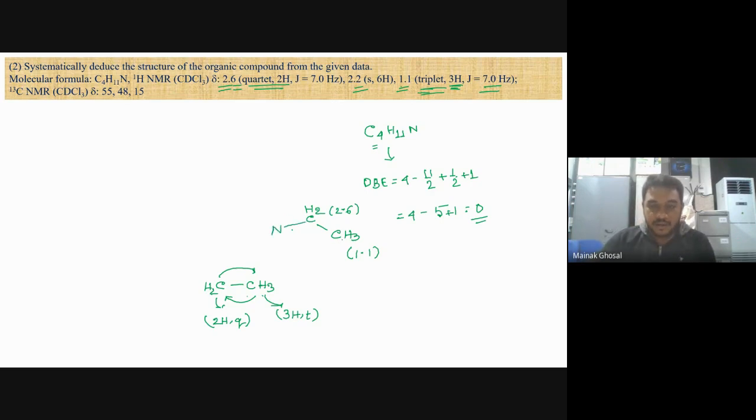Now you just subtract. How much have you got now? C2H5N. You subtract this from C4H11N. So how much are you left with? C2H6, if I am not wrong. C2H6. Now you see a 6 hydrogen singlet, which indicates that it must be this kind of thing.